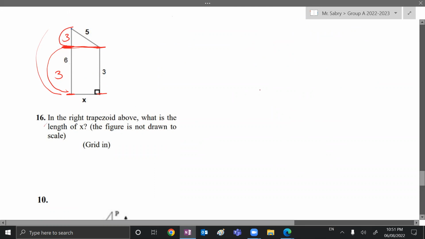What are they asking me to find? They're asking me to find the length of x, which is this side. Now, if you look at this triangle, I have a right triangle. I have this side, which is 5, and this side, which is 3. I'm missing the value of this. How do I find the length of this? Whenever you have two sides and one missing side, that's Pythagoras.